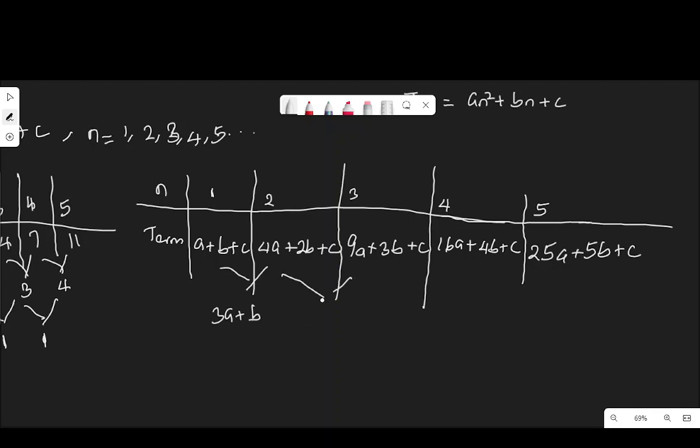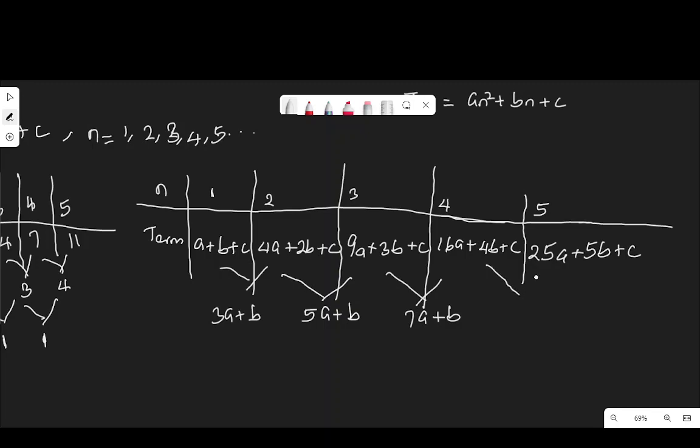Again, if I subtract this, c minus c is 0, 3b minus 2b is b, 9a minus 4a is 5a. I have 5a plus b. And subtract here again, c minus c is 0, 4b minus 3b is 1b, 16a minus 9a is 7a. I have 7a plus b.